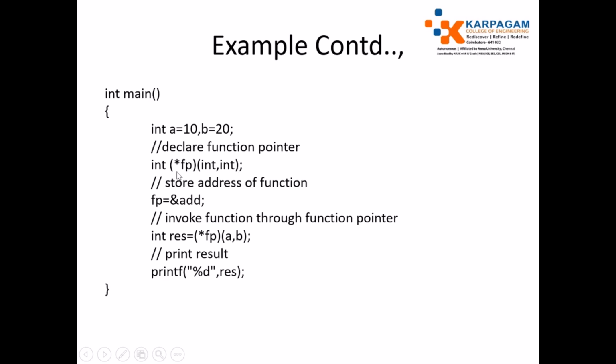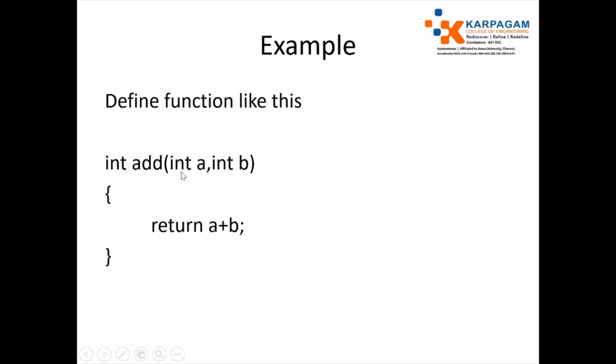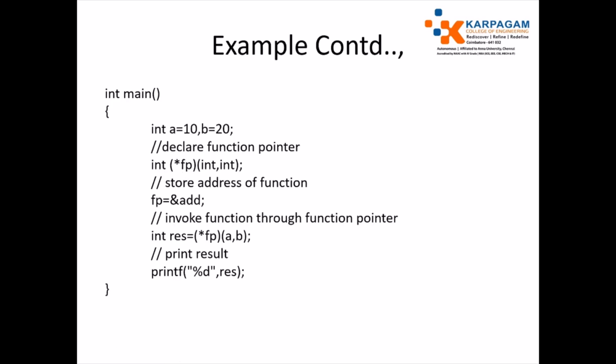First, I have created a function pointer to store the address of the add function. Here I have mentioned the return type. This is the function pointer name with the star and two arguments, because that function accepts two arguments, enclosed in parentheses. To get the address of the function, I use the ampersand symbol with add and store it into the function pointer.